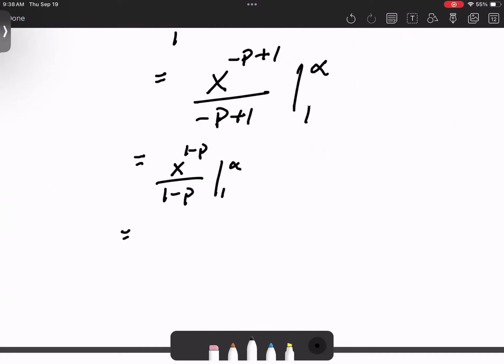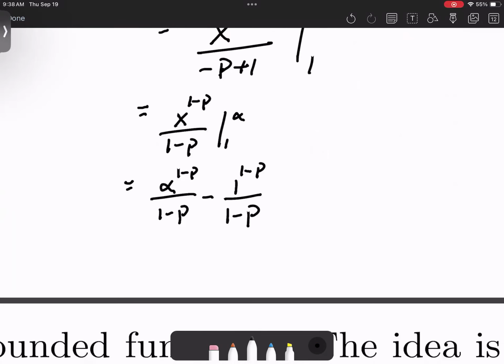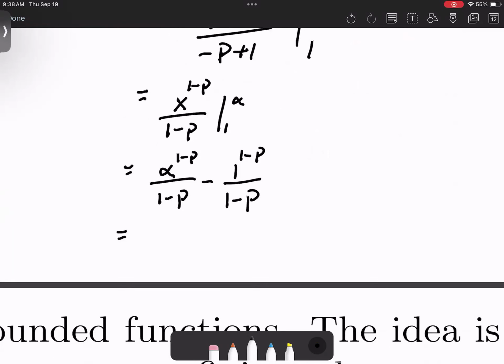And then evaluating at alpha and then subtracting the value at 1, we have alpha to the 1 minus p over 1 minus p, minus 1 over 1 minus p. Okay, let's get a common denominator and pull that denominator out.